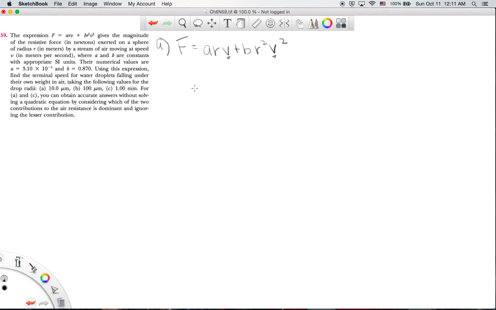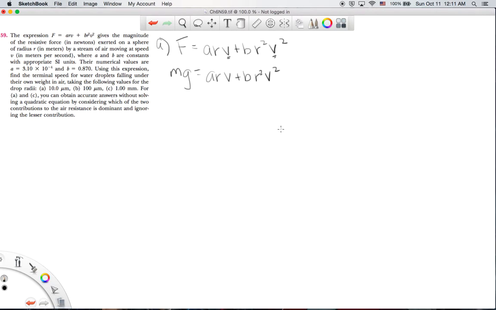We know that F equals mg in this case, because the droplets are falling and gravity is the only force acting on the water droplets, and so that equals ARV plus BR squared V squared.